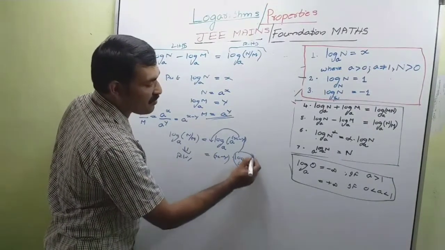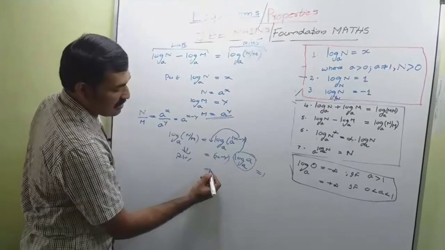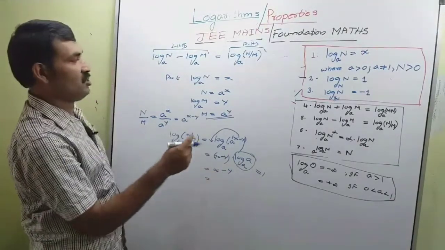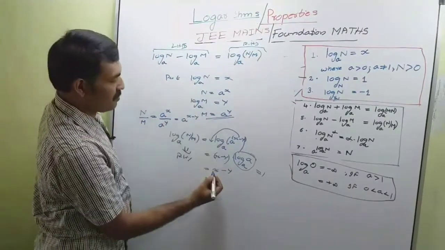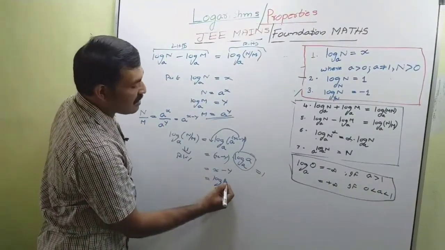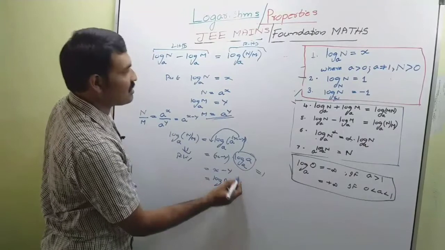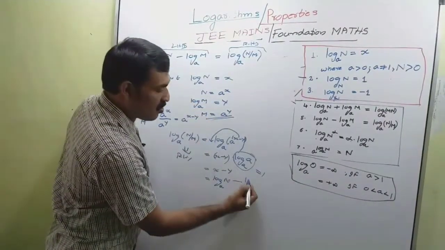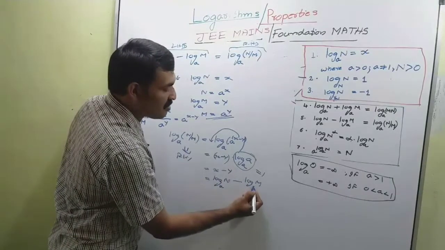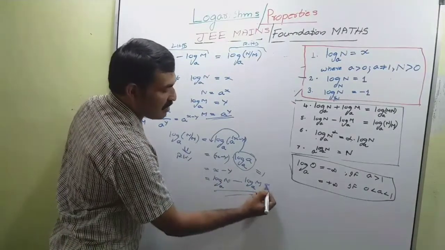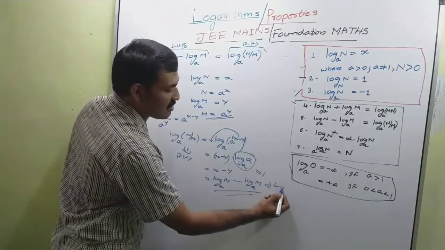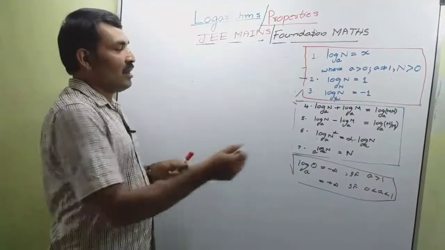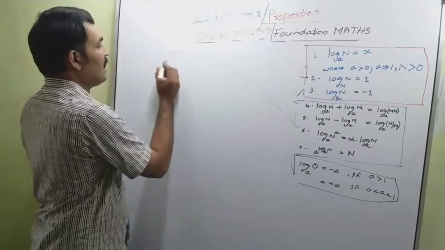The value of this term is equal to 1. This is equal to x minus y, what is our x? X is log n to the base a minus y is log m to the base a. This is our LHS. Hence, proved.